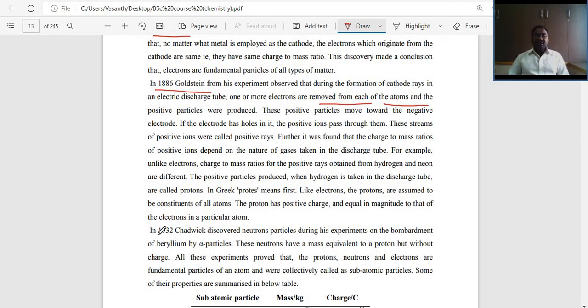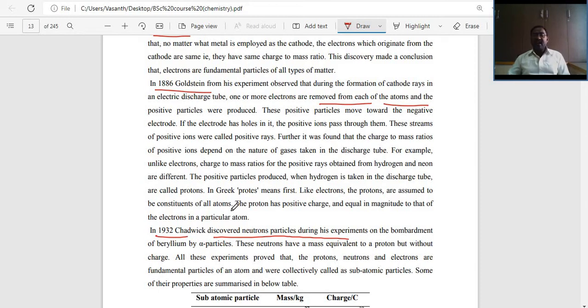In 1932, Chadwick discovered neutrons during his experiment on bombardment of beryllium by alpha particles. When an alpha particle strikes beryllium, neutrons are produced.